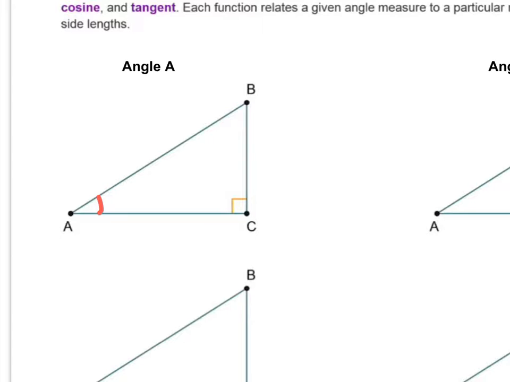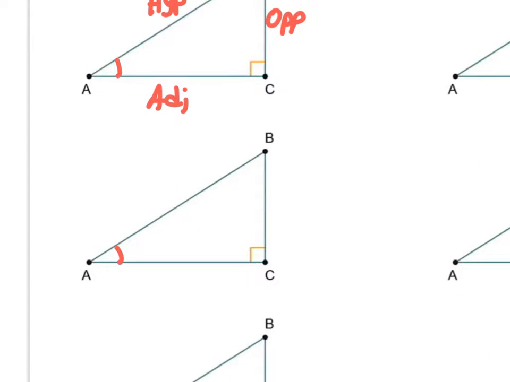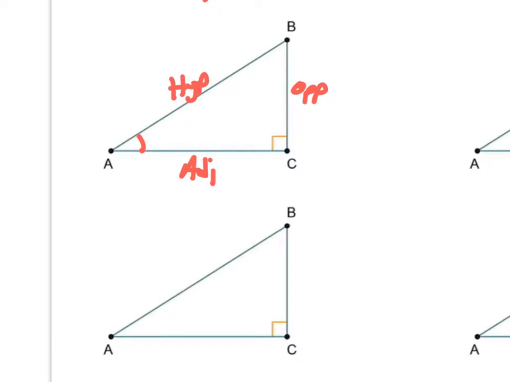This side is always called the hypotenuse. With the angle A over here, this length is my opposite side, and with regard to angle A, this other length is my adjacent side. I'm going to do that for each triangle: this is my hypotenuse, my opposite side, my adjacent side, and same thing over here.